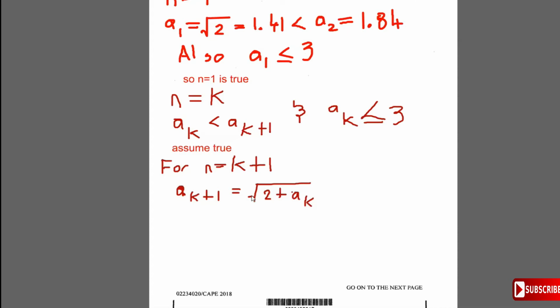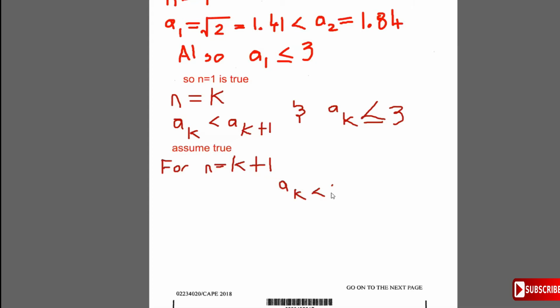But look at this pretty magic that we're going to do now. We're going to make it look nicer than this. Let's do it in a pretty way. We're going to start by saying ak is less than 3.